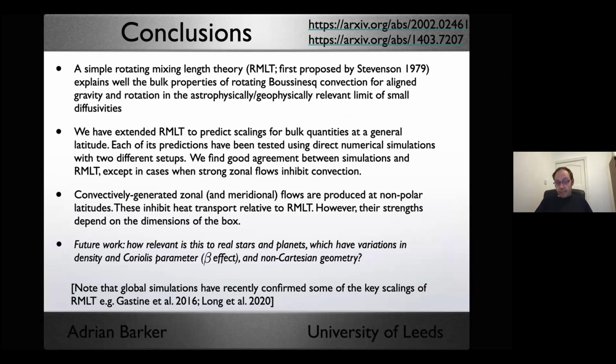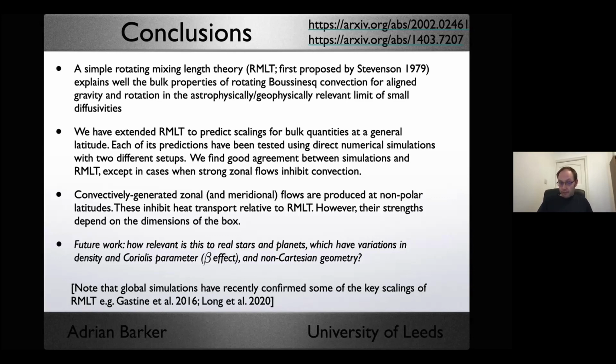We extended rotating mixing length theory to predict scalings for bulk properties at a general latitude, and each of its predictions have been tested using simulations, and generally we find good agreement between the simulations and the theory, with some strong exceptions, particularly when zonal flows inhibit the convection. This significantly reduces the agreement.